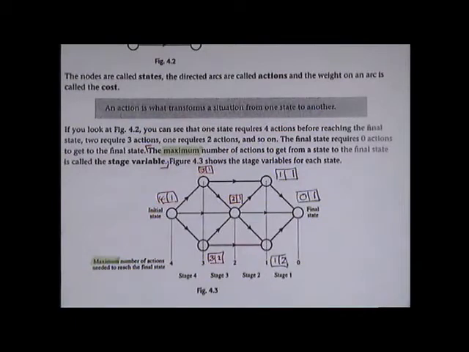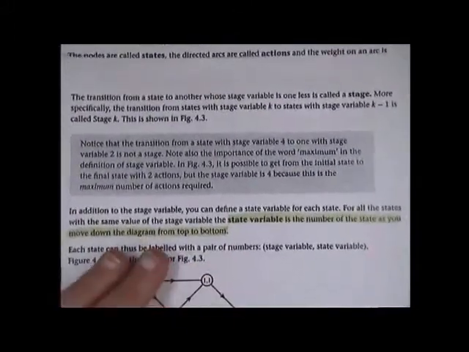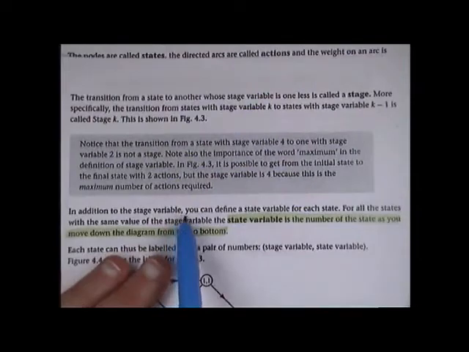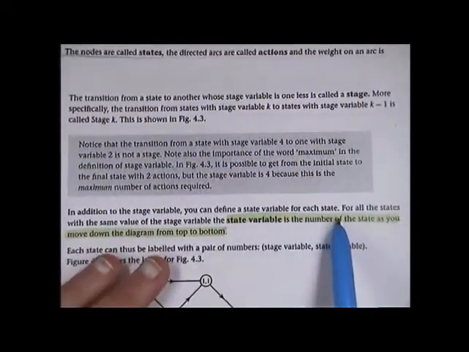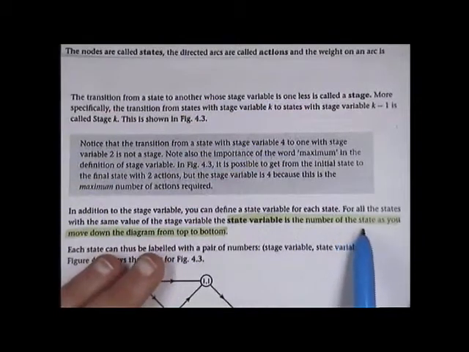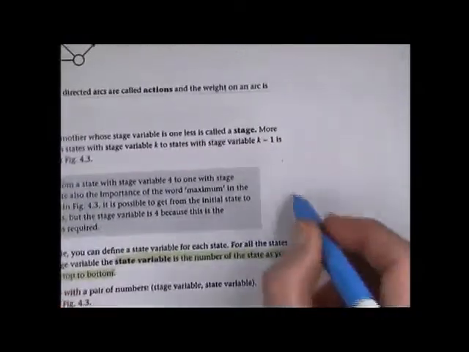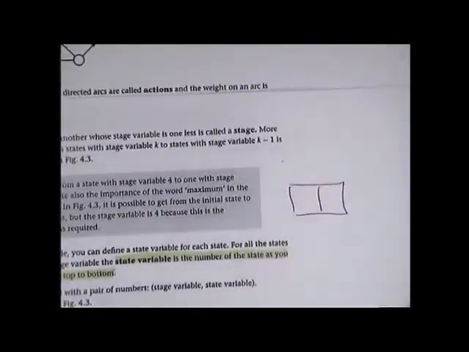And those numbers are called state numbers, or state variables. So, what I would like you to do next is write a sentence here. In addition to the stage variable, you can define a state variable for each state. Basically, you just number them as you go down the diagram, top to bottom. So somewhere, can you draw yourself a key? You've got now 2 numbers.